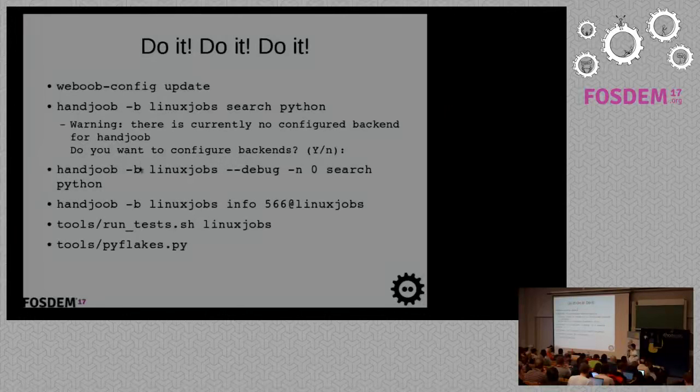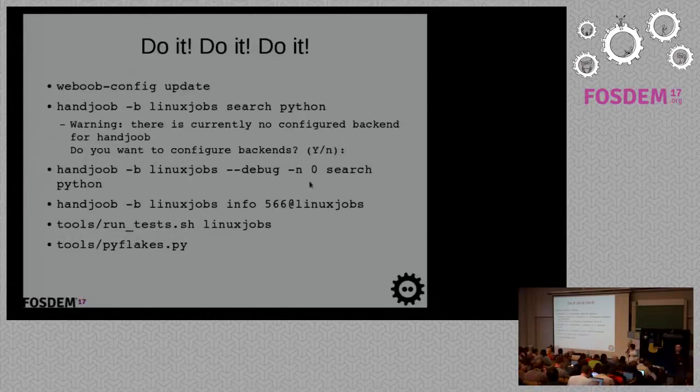So let's do it. We update the module database, and we can query for a job by specifying this backend only, or else it would go to every configured backend. Since it hasn't been configured yet, it would ask you if you want to do it.